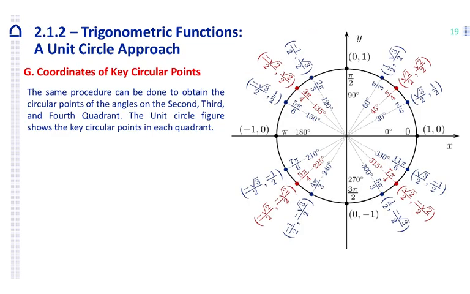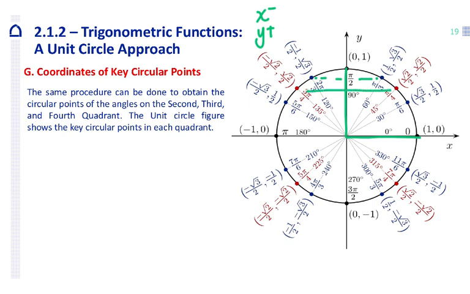In fact, this image on the right will be on your formula sheet. And what you will see is these values are the ones we've already discussed. And in order to get the corresponding values in each of the quadrants, you can see we just took in this quadrant, the x is negative and the y is positive because it's a negative horizontal value, but we're still above the x-axis, so it's a positive vertical value.